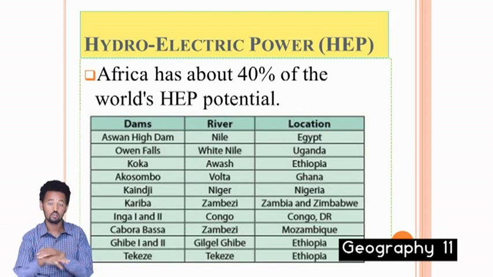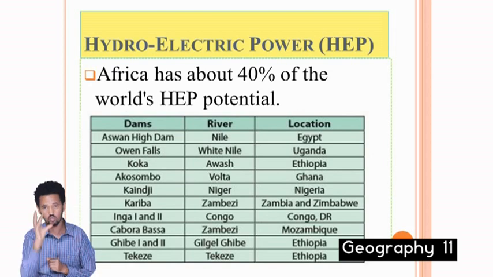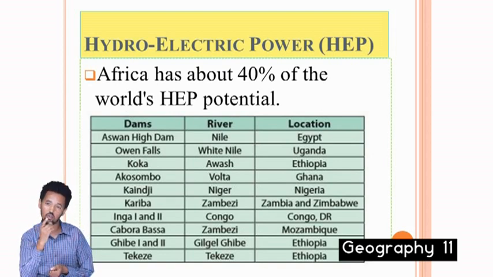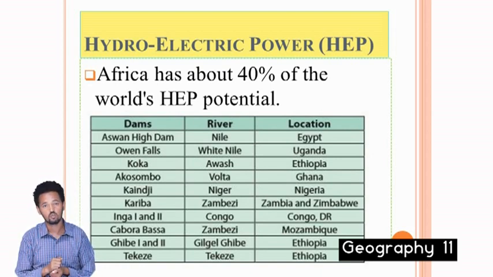Akosombo, constructed over the Volta, is found in Ghana. Kainji, constructed over the Niger, is found in Nigeria. Kariba, constructed over the Zambezi, is found between Zambia and Zimbabwe.